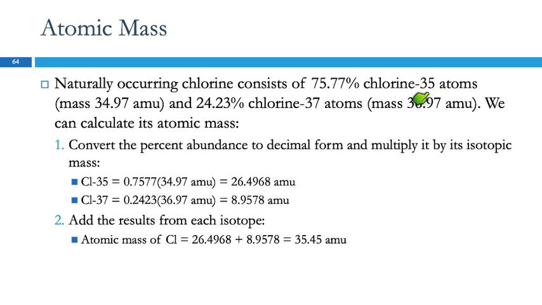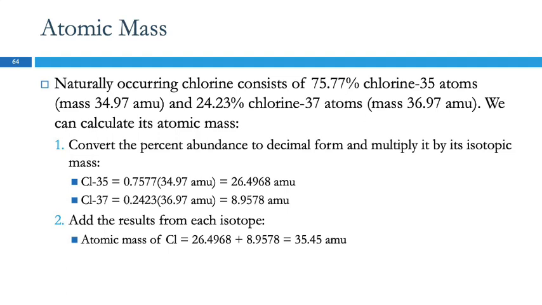The mass of chlorine-35 is 34.97 atomic mass units. That's the mass of one atom. Notice that this mass is really close to the mass number. They're almost always just a smidge smaller. And chlorine-37's mass is very close to 37, 36.97.